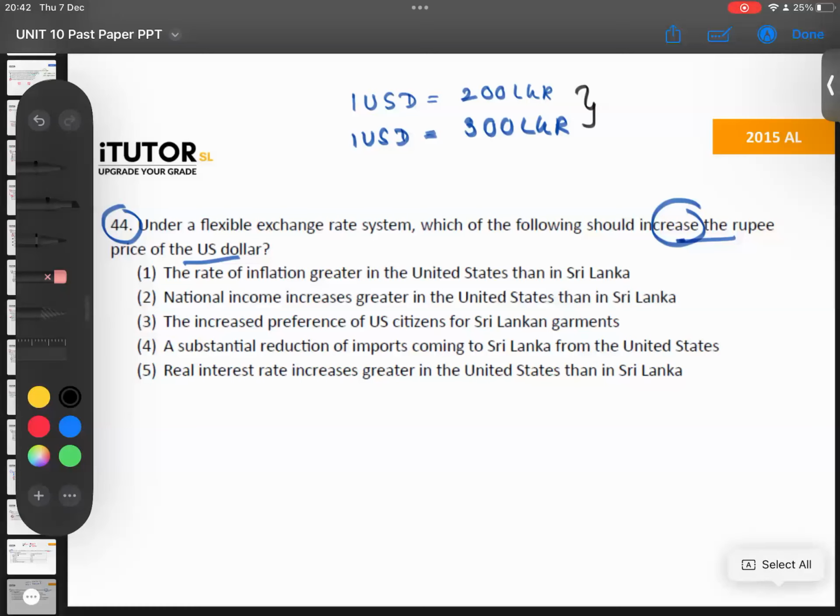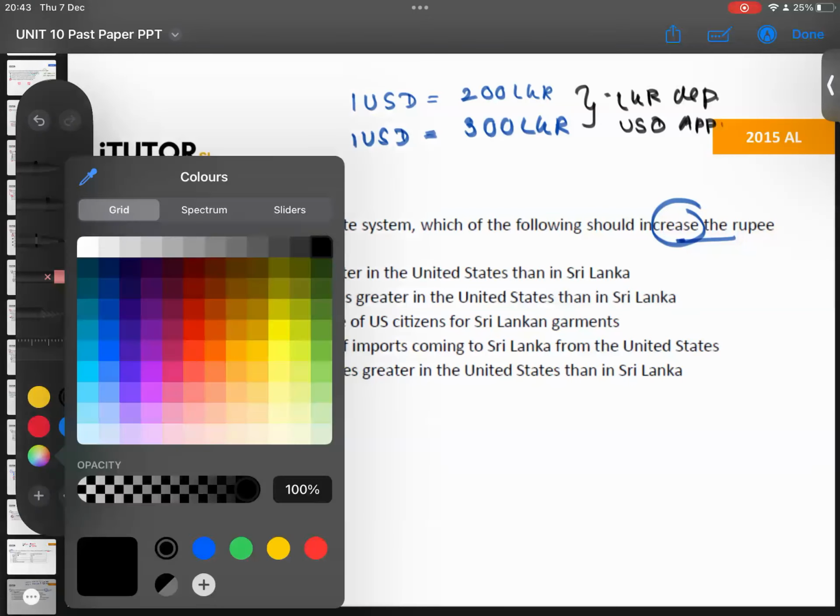The LKR has depreciated. So always, Lamai, when you get a question like this, you need to think that way and figure that out. And the US dollar has appreciated. Based on that, now tell me, why do you think the LKR would have depreciated?